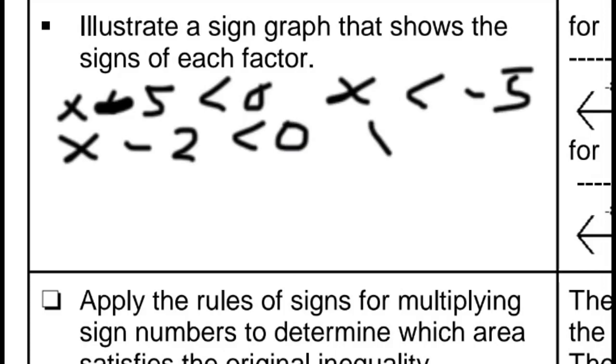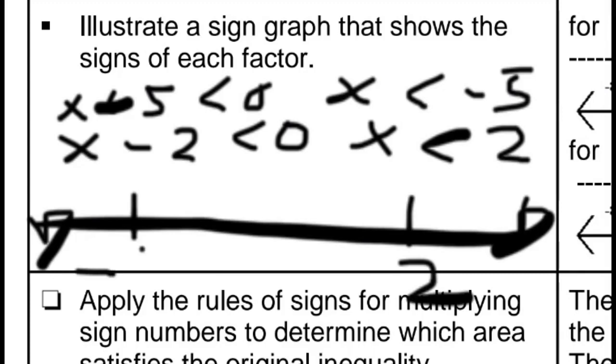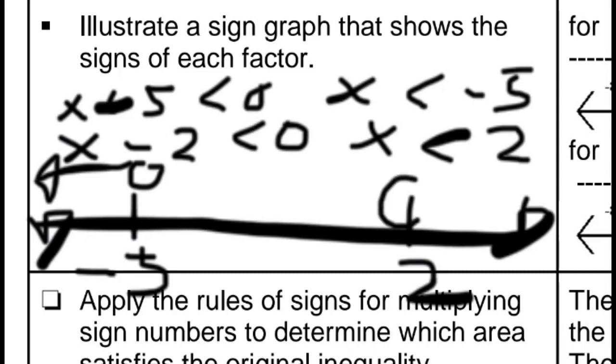So we can have here x is lesser than 2. Drawing a number line, we can have here 2, then this is negative 5. So this one is lesser than negative 5, so from negative 5 up to negative infinity, then lesser than 2, so from 2 to negative infinity.